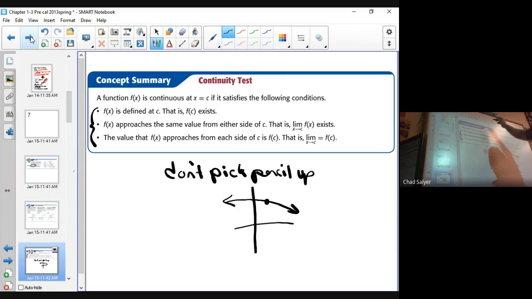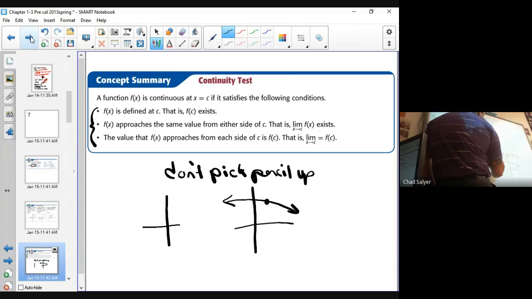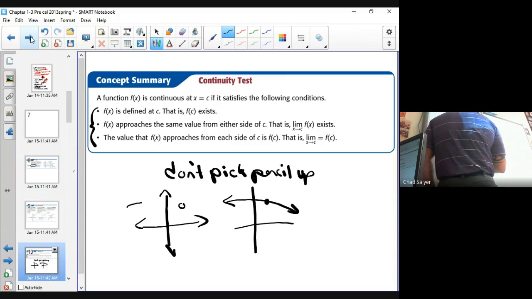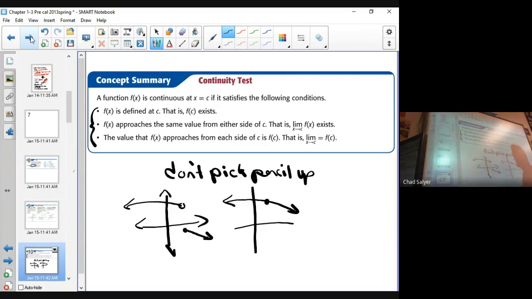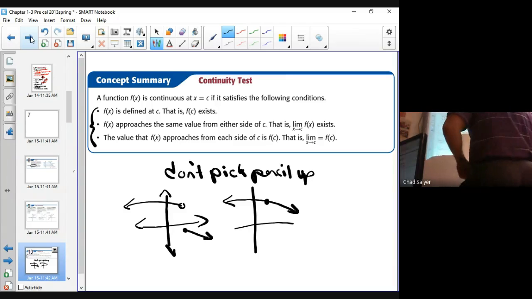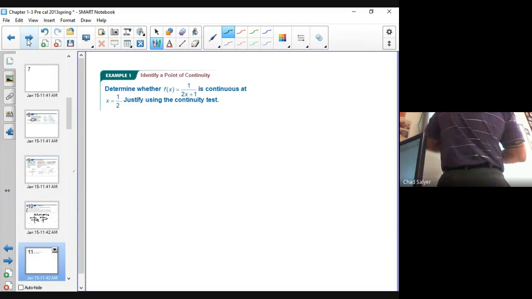If for whatever reason I can't do that, let's imagine this scenario, well, that's discontinuous at that point. So this would fail the continuity test at this point, this would pass it. The one on the left would fail, the one on the right would pass.